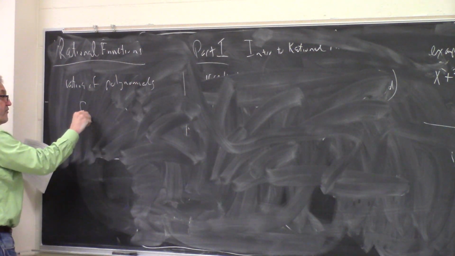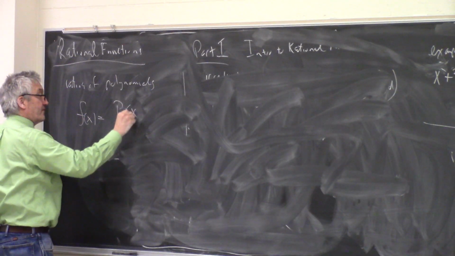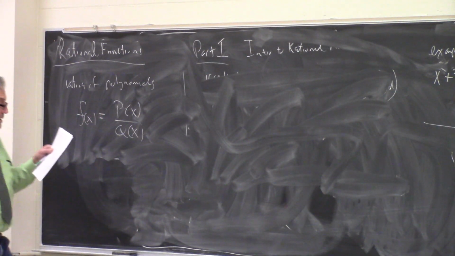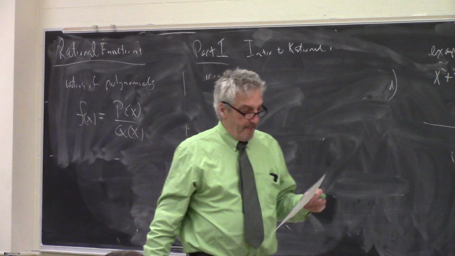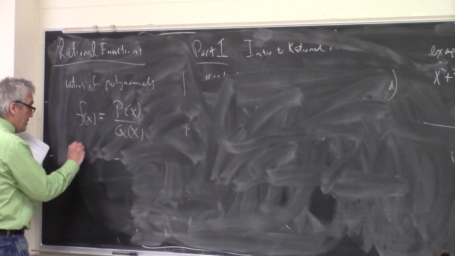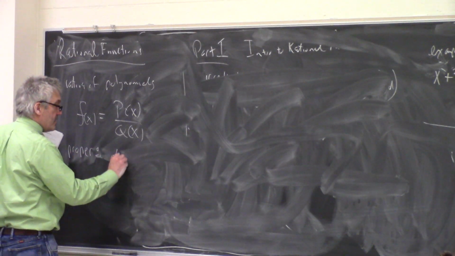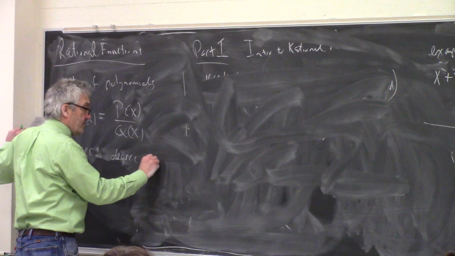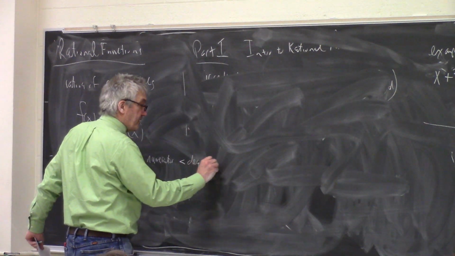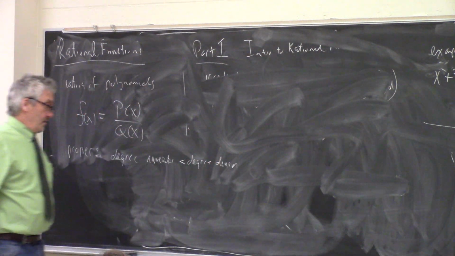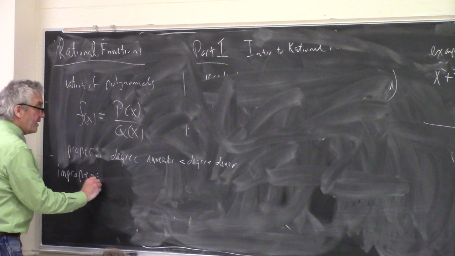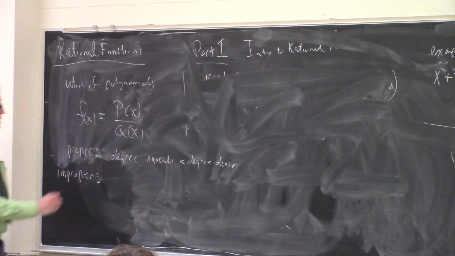So in other words, we have a function that's actually a p of x over a q of x, where these are polynomials. Now, a proper rational function means the degree of the numerator is less than the degree of the denominator. And an improper one is when the degree of the numerator is greater than or equal to.